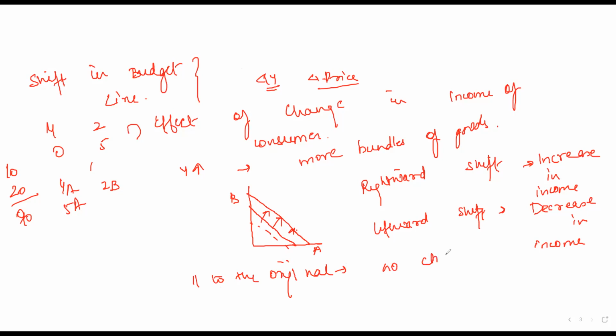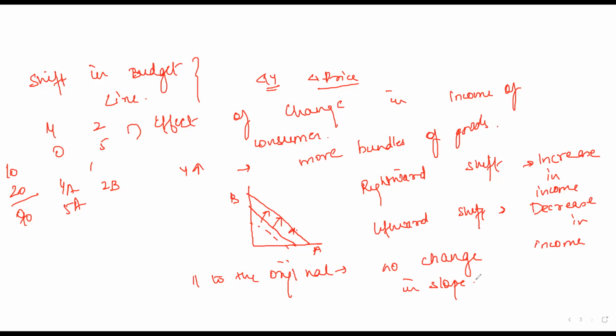No change in slope. There was no change in prices at all, my dear. Basically, we have just observed the change in income, so there is no change in slope. Slope is calculated on the basis of the y-axis and x-axis prices, and here income does not disturb the price ratio. So there is no change.